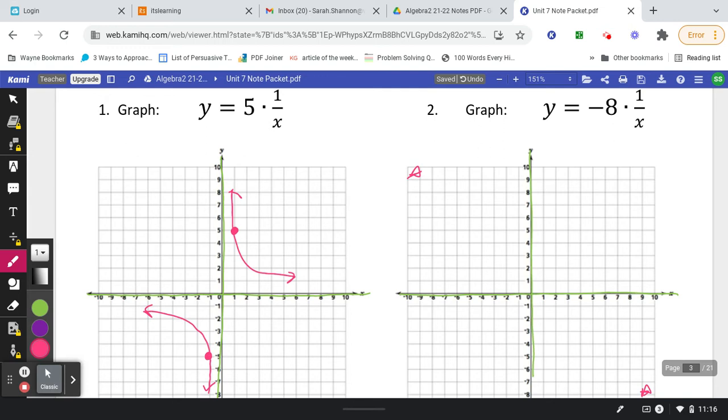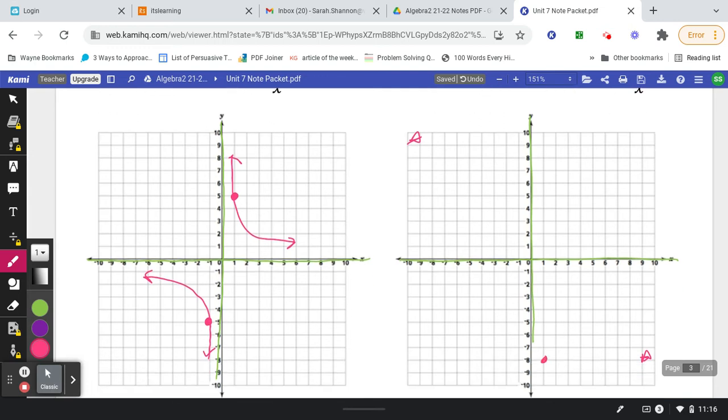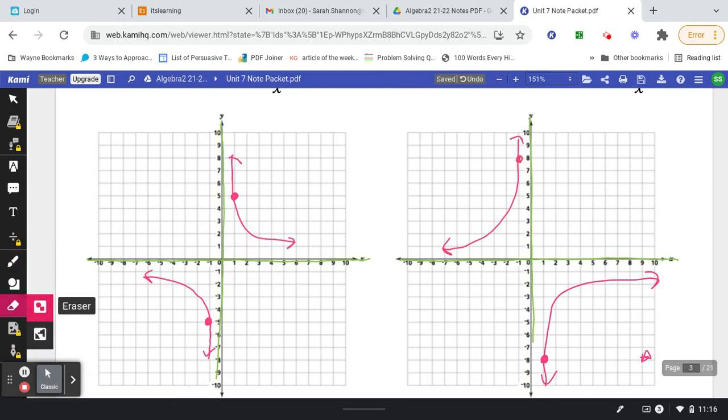All right, so down to negative 8, and draw your shape like that, up to positive 8, and draw a shape like that. I'll erase those funky little stars. There we go. So that number in front is going to change the location of the point.